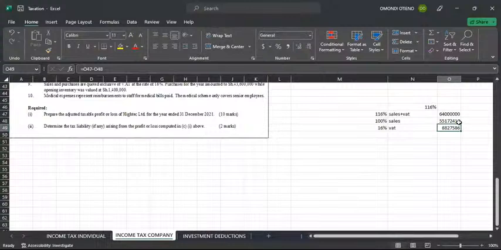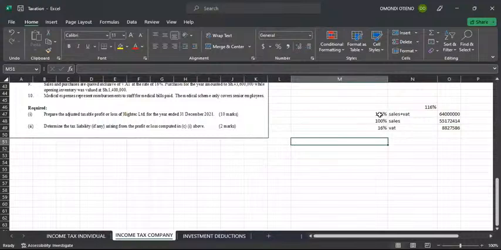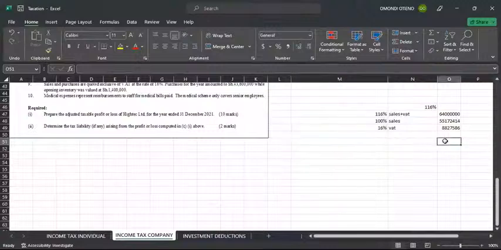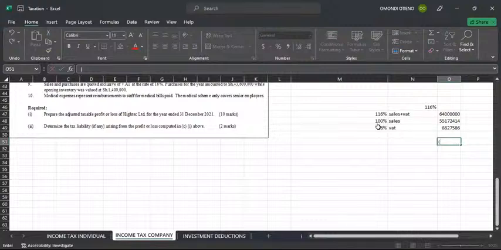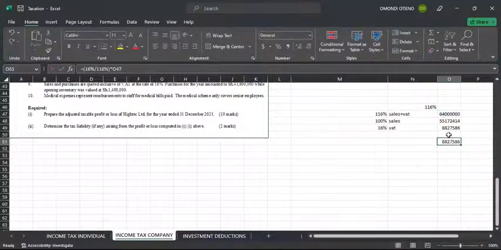Using this long procedure, another person who understands how these rates operate will say, if 116% is 64, 16% will be what? We took 16% divided by 116%, closed the bracket, then multiplied by the value given up there. If you do that, as you can see, we are arriving at the same value.